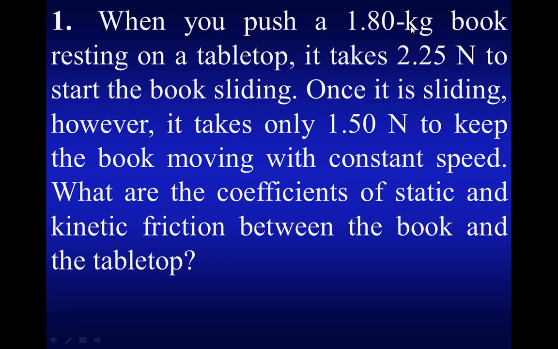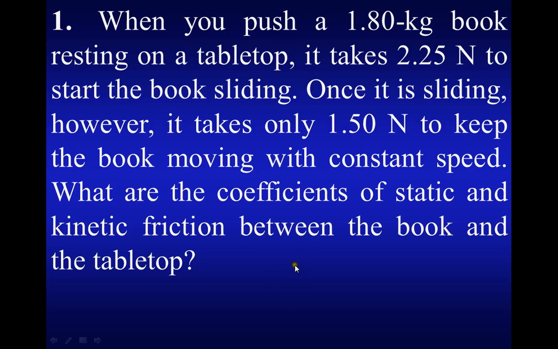So we said that static friction is the coefficient of static friction times the normal force. Well, the normal force is mg, 9.8 times the 1.8 kilogram mass, the weight of the book. And then the static frictional force, in order to get it to just start sliding, is 2.25 newtons.